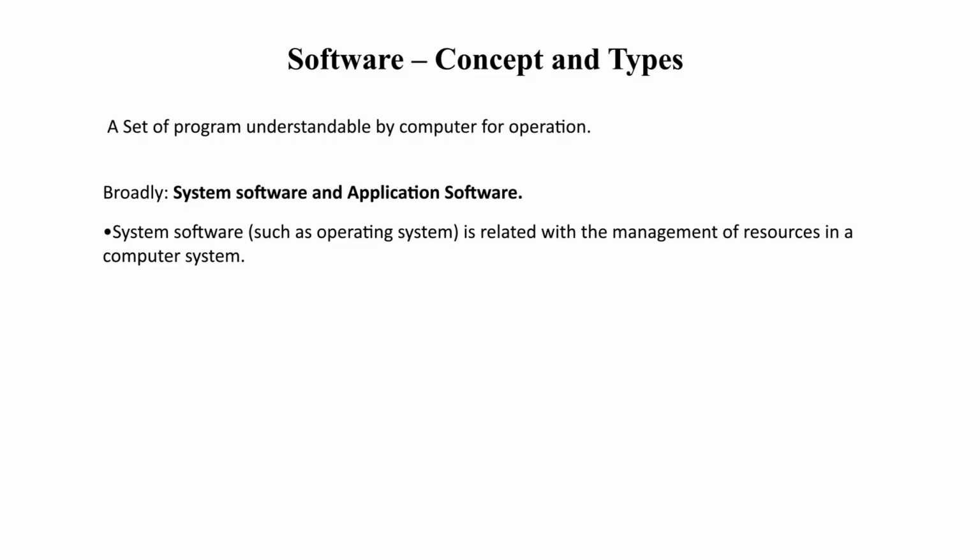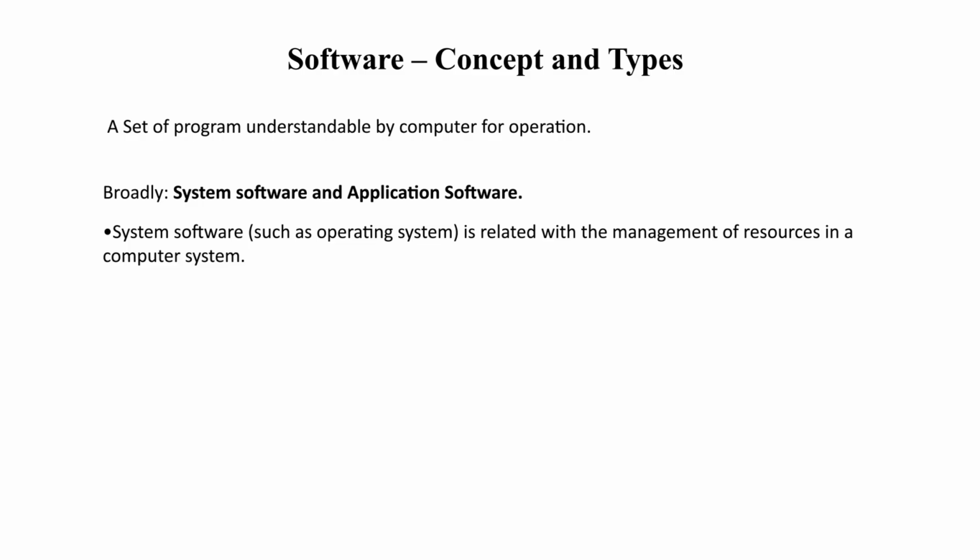A very common example of system software is BIOS, that is, Basic Input Output System. Another very good example of system software is the operating system, which may be Linux, Windows NT, or the Mac operating system.